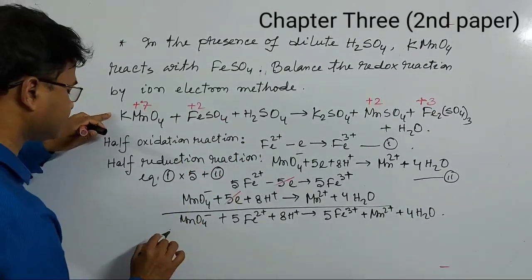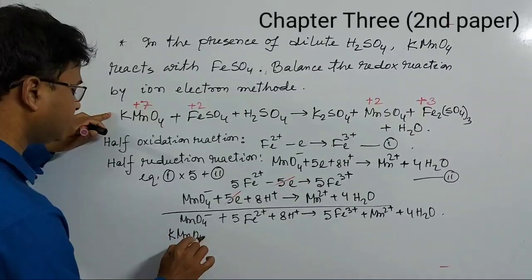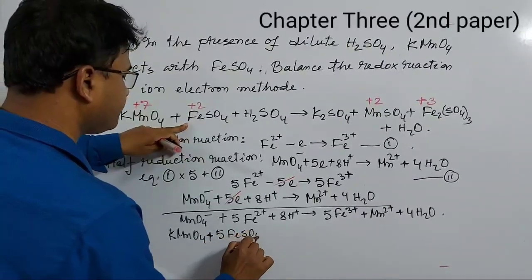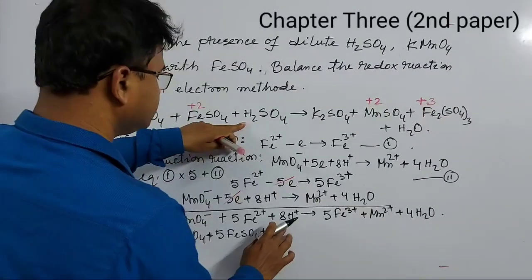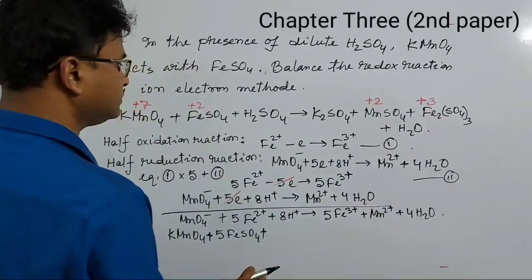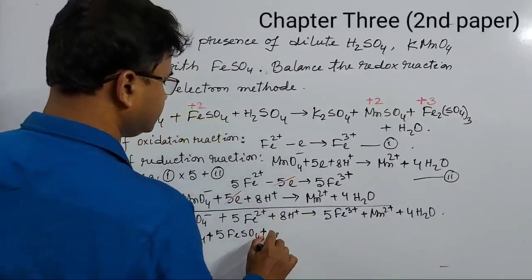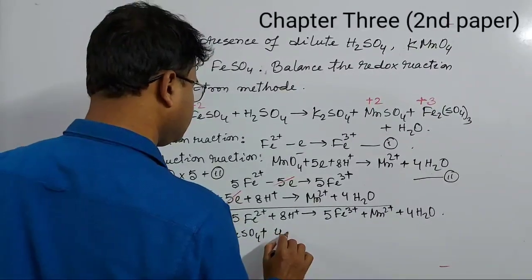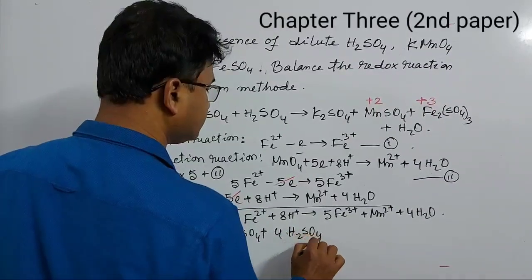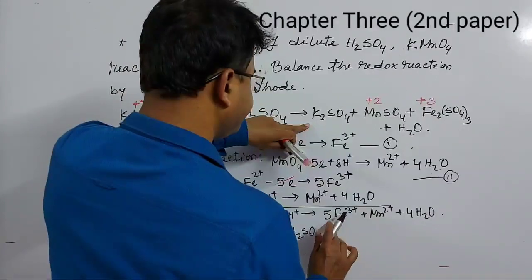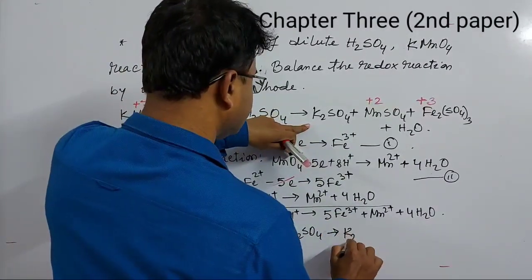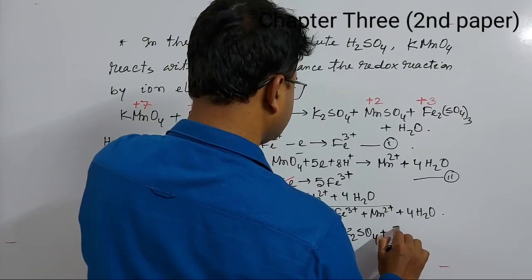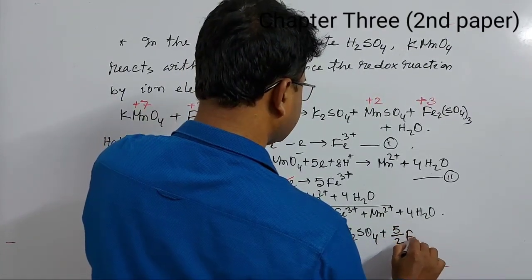So the spectator ion is potassium, so it will be potassium permanganate plus 5 ferrous sulfate plus 4 H2SO4 is equal to potassium sulfate plus ferric sulfate.